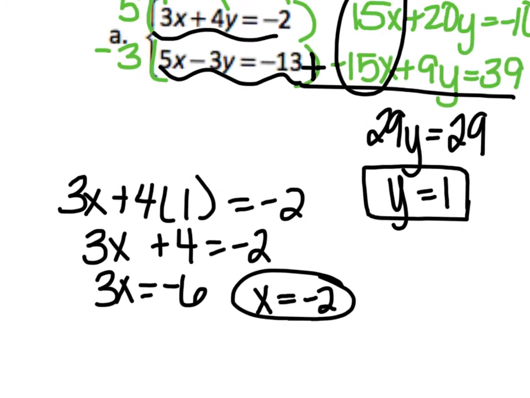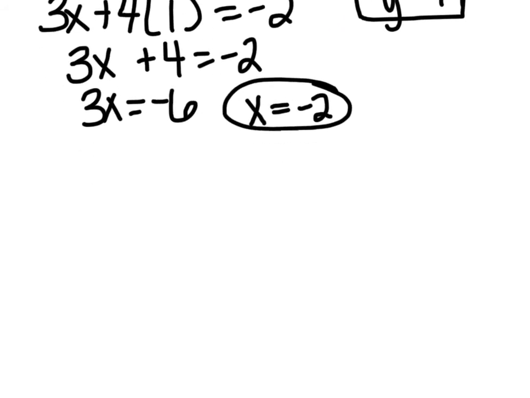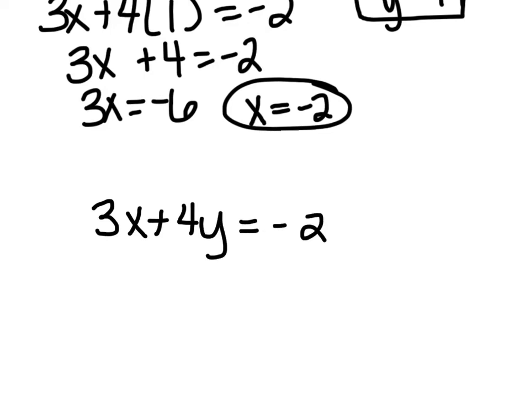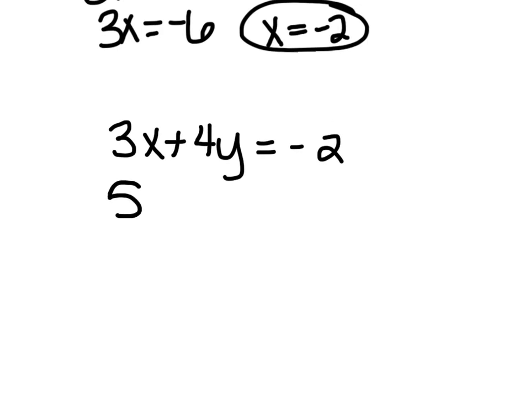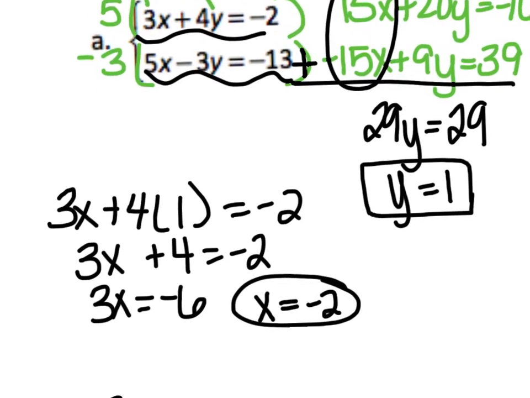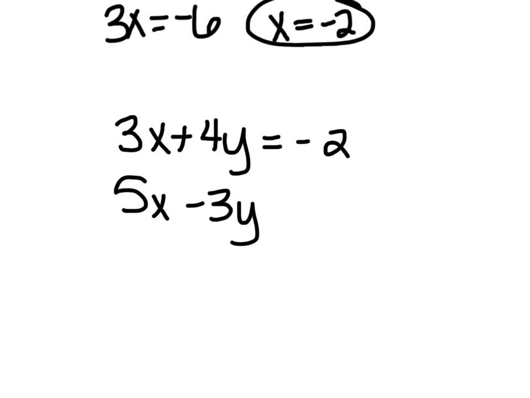So the first equation was 3x plus 4y equals negative 2. And 5x minus 3y equals negative 13.